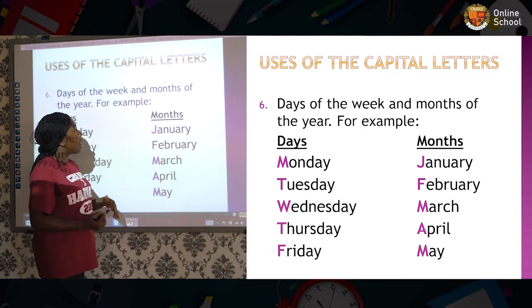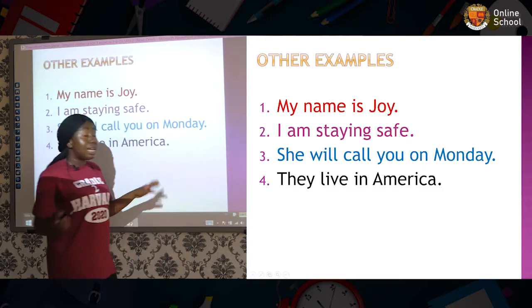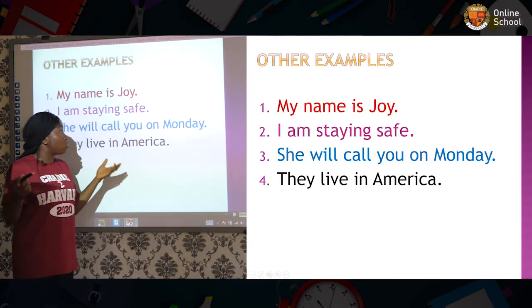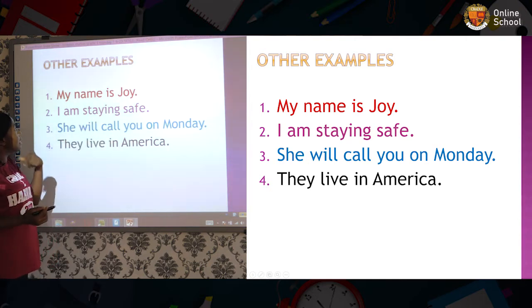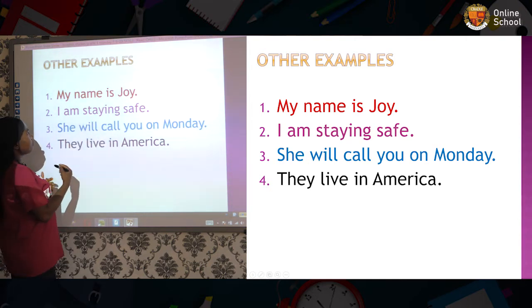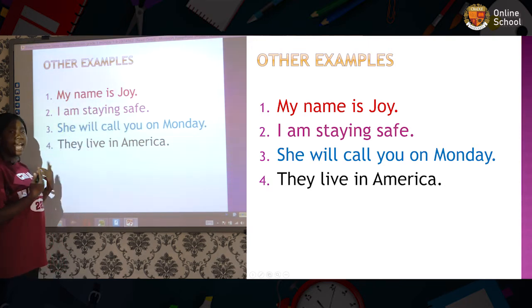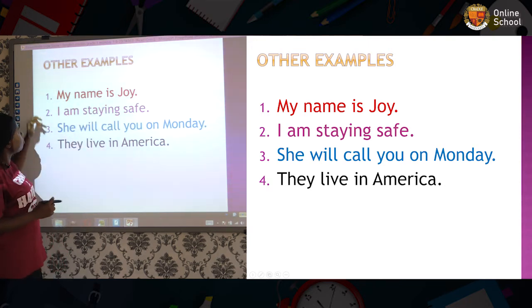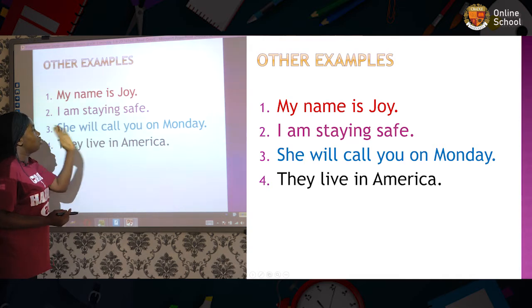Very good. Now, I know that with all that we've been saying, capital letter is such a simple thing to apply, okay? So let's apply it. For example, my name is Joy. Now, we're talking about capital letters and where to use them.